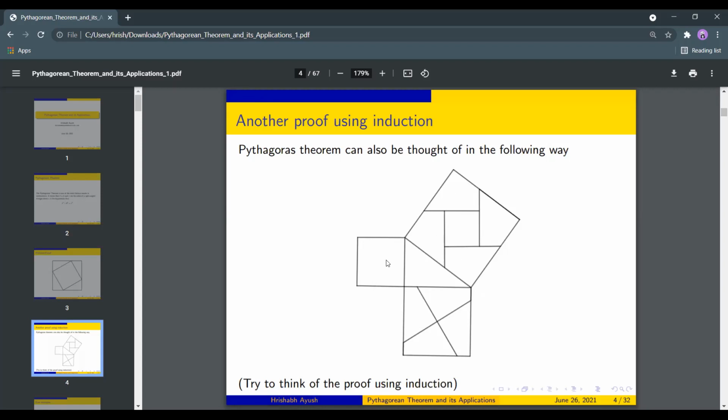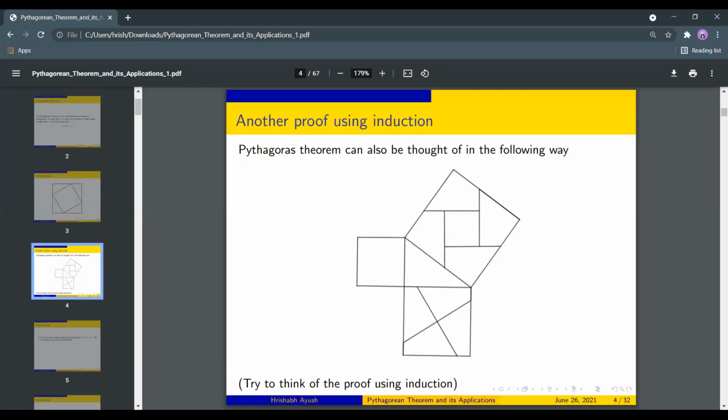So the area of the below square and the four congruent parts would be equal to this thing. Think about doing this problem using induction, and you could discuss with your friends. We won't be going over this.